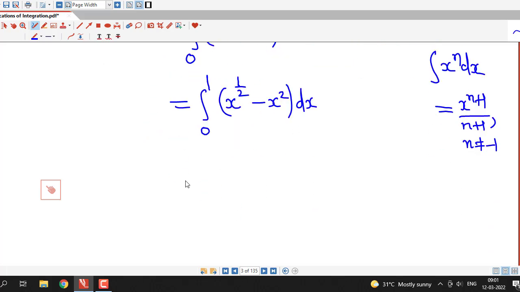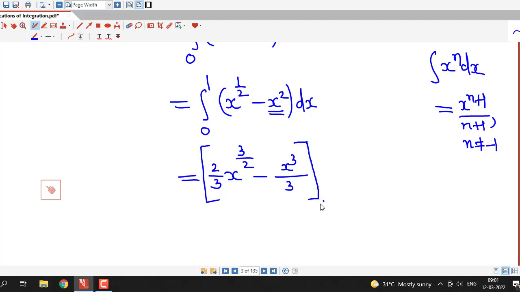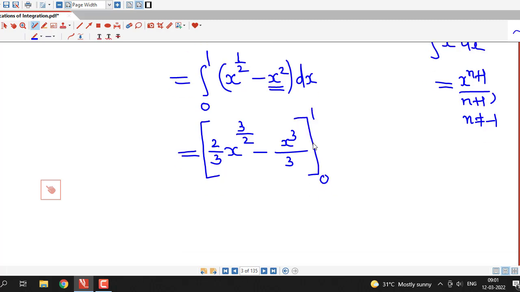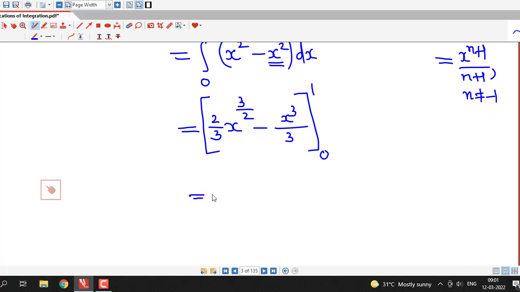So this is going to be x raised to 1/2 plus 1, that is 3 by 2, divided by 3 by 2, that I can rewrite as 2 by 3, minus x raised to 3 divided by 3, integral of x square. Limits of x are from 0 to 1. Upper limit is x equal to 1.